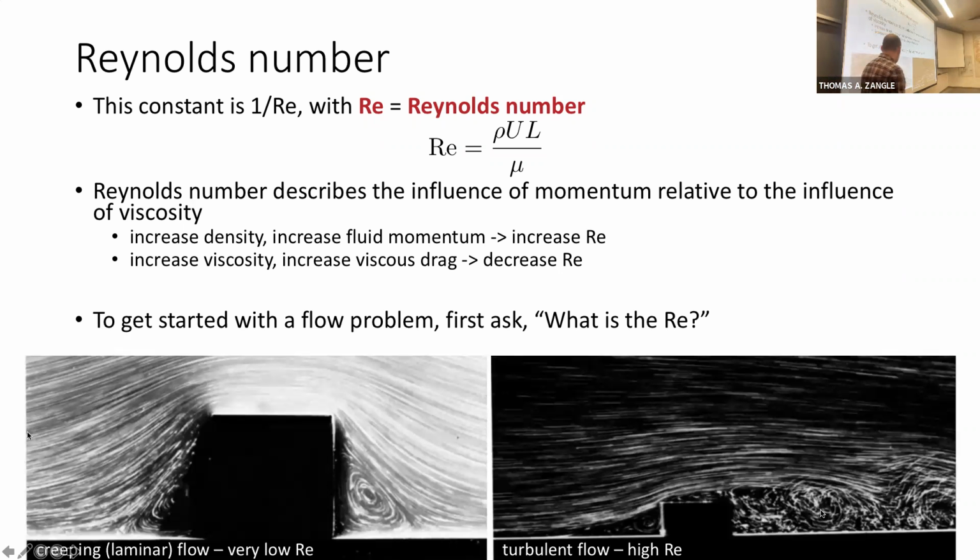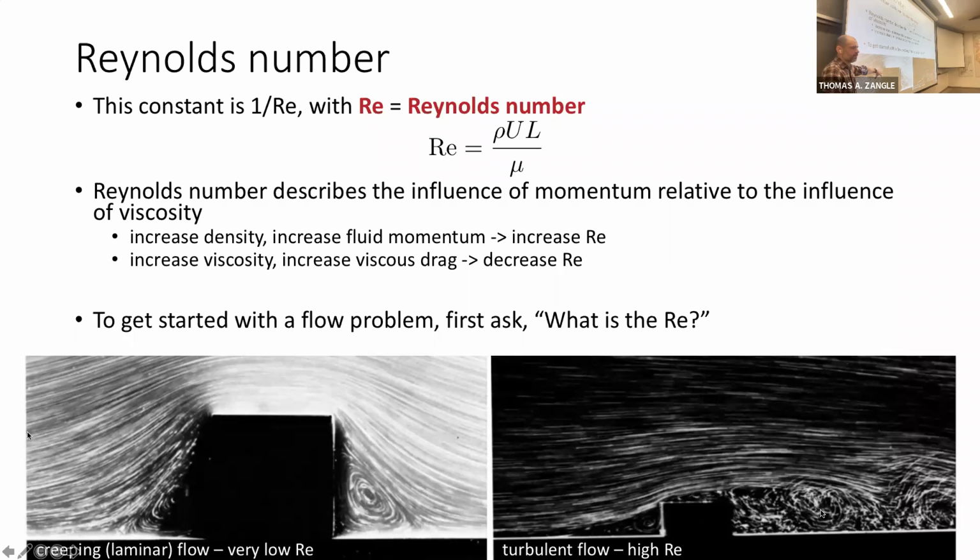So this is an example that comes from the Album of Fluid Motion. We're looking at flow over just this square block cut out, right? So we have flow coming from left to right in both cases. It's the same setup, right?